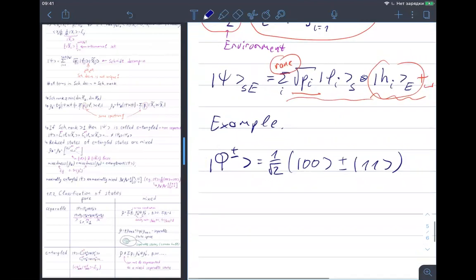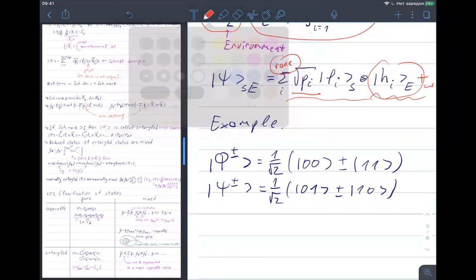There are 2 states, phi plus and minus, and 2 states, psi plus and minus: 0, 1 plus minus 1, 0. So this is four different states for 2 qubits.